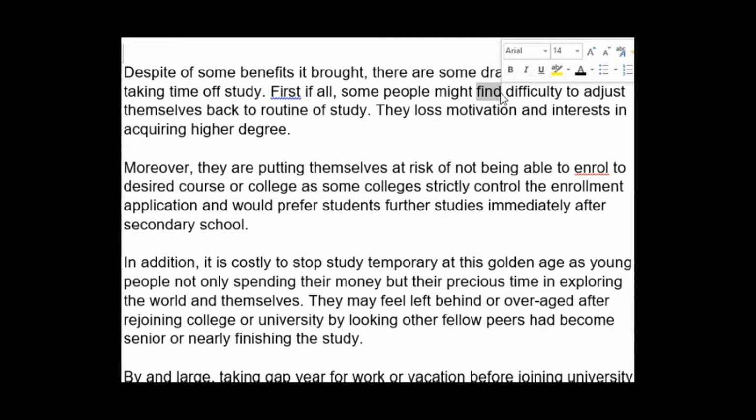So if you really want to use the noun difficulty, instead of the adjective difficult, then you should use the verb experience. So some people might experience difficulty, but then this has to be a gerund. So might experience difficulty adjusting themselves back to routine of study. Now we're talking about a specific routine, so this needs to be the. Adjusting themselves back to the routine of studying.